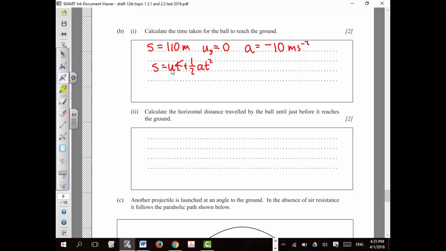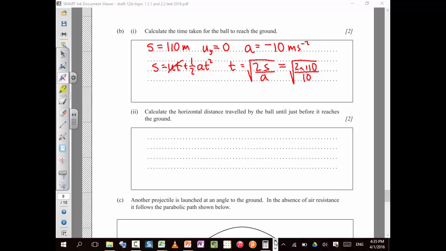Okay, ut cancels because u is 0. So we can rearrange this equation. t is going to be equal to the square root of 2s over a. And that rearrangement is just, we multiply both sides by 2, we divide by a, and then we take the square root of both sides. And that's equal to the square root of 2 times 110 over 10, which is the square root of 22.